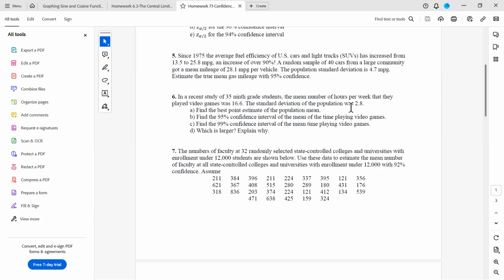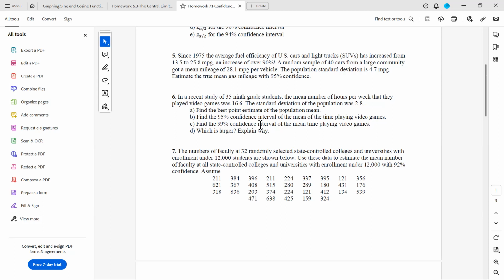So I know I'm using a z-score here. Now for part A, what is the point estimate signifying here? What is the point estimate? Is this looking for a percentage?